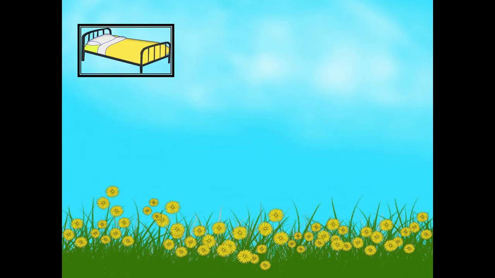First, look at this picture. This picture is a bed. B-E-D, bed. What sound do you hear in the word bed? Do you hear the short sound, which is E, or the long sound, which is E? Very good. The word bed has the short sound of the letter E, which is the E sound.